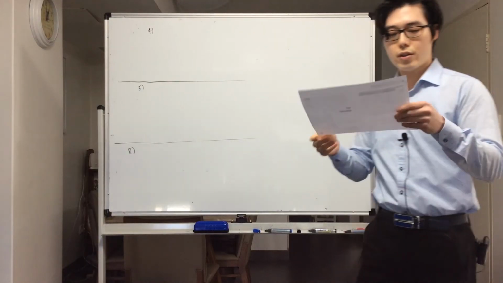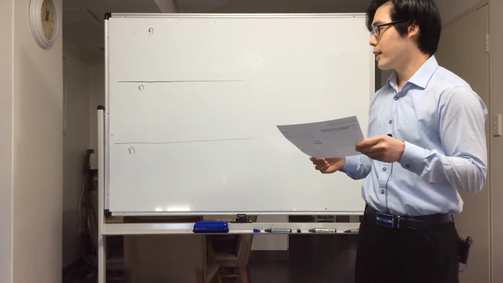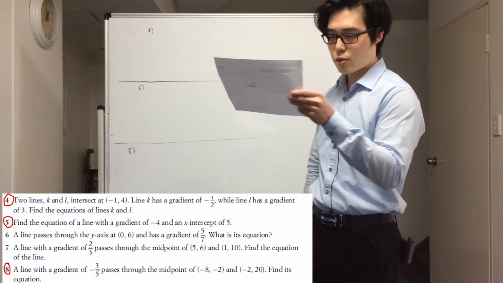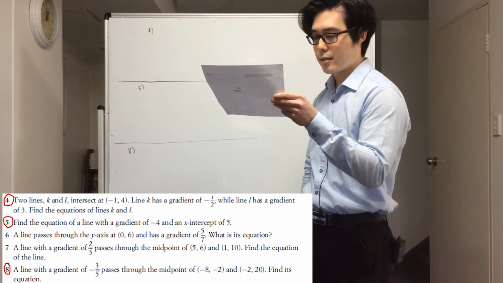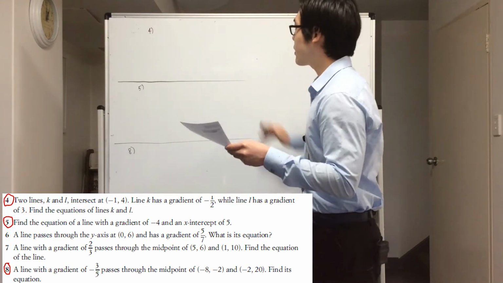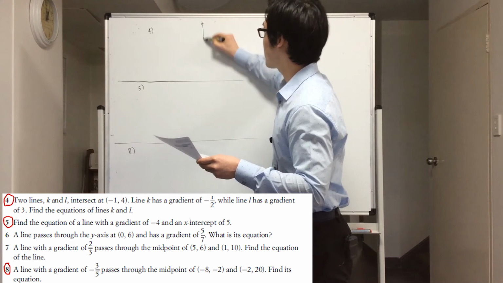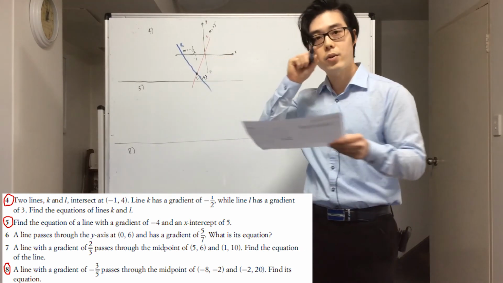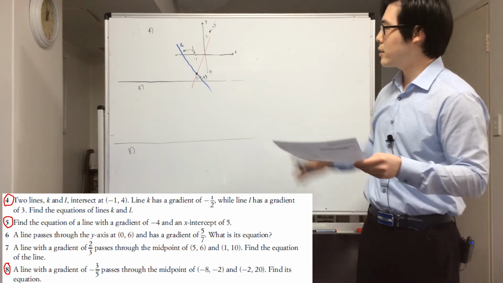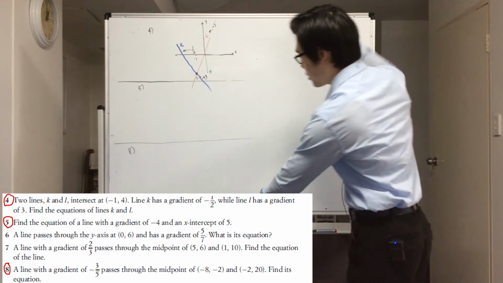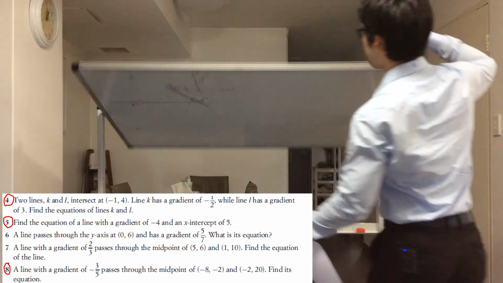I'd like to just give you girls a guide on question 4, 5, and 8. Okay, just to start you off because it's a different looking problem. It says 2 lines, K and L, intersect at -1 and 4. Okay, so let me just give you a quick diagram on what the question looks like. So they want you to find the equations for line K and L. So as you can see by the diagram, this is exactly the same problem as what I've shown you on the previous side of the board here.